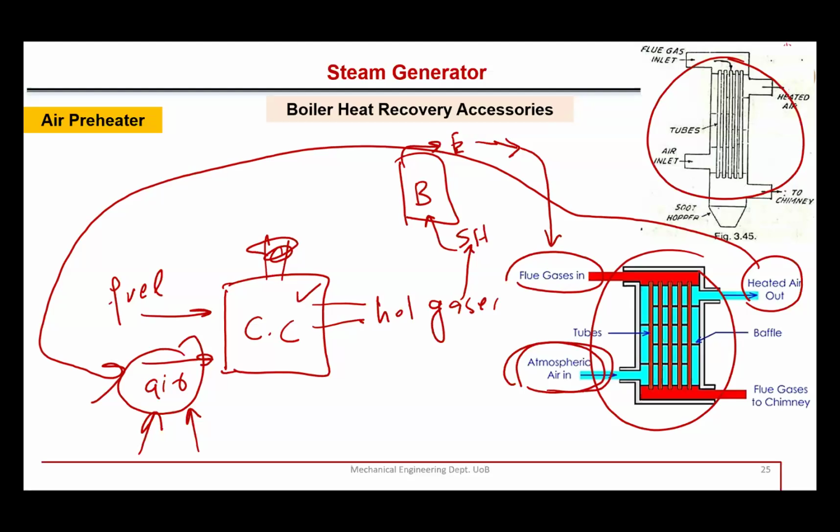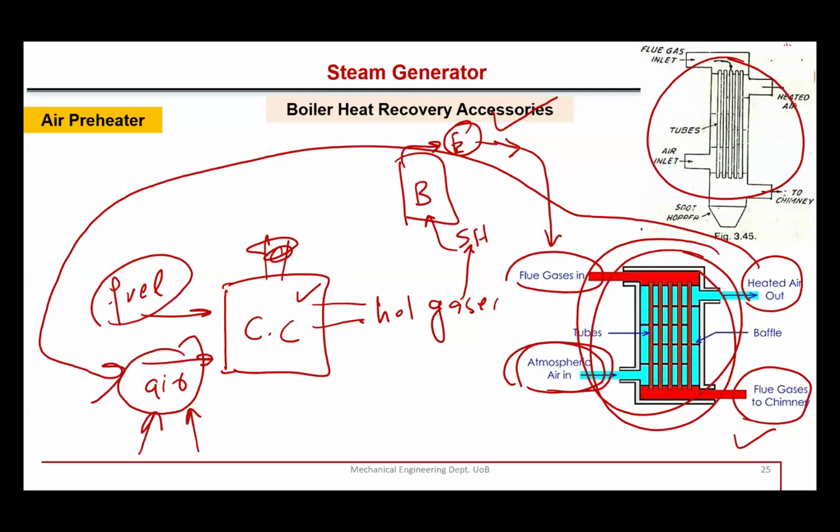So those are installed between the economizer and the chimney. If I say this is the chimney, then between the economizer and the chimney we can use this air preheater, right? The degree of preheating depends upon what type of fuel we are using. The fuel burning equipment, boiler or furnace operating range will decide how much preheat is required. These air preheaters are also heat exchangers.